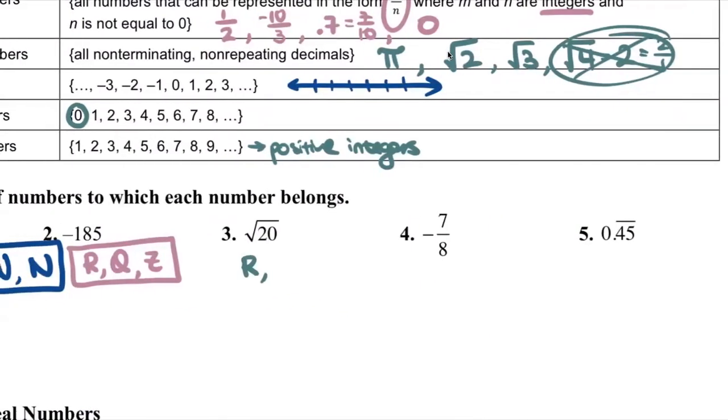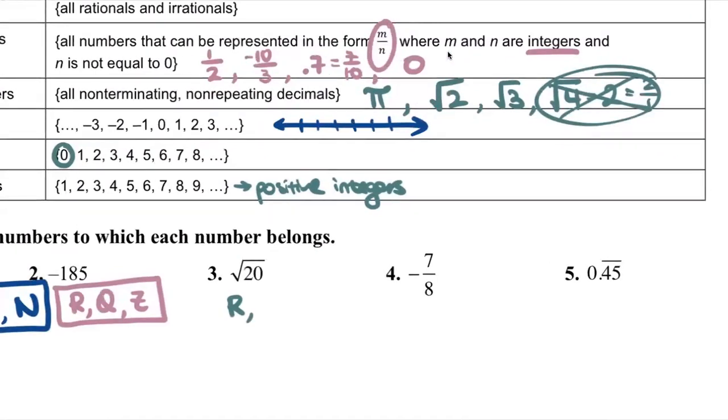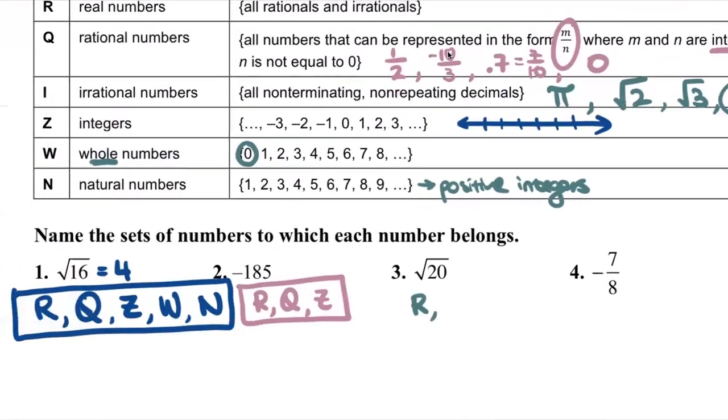I cannot write that as a fraction. Some people might be like, oh, but I can put rad 20 over 1, it's a fraction. But I'm going to say no. M and N, if you're going to write as a fraction, have to be integers. And rad 20 is not an integer. So this is not a rational number. Therefore, it is an irrational number. And there you go.